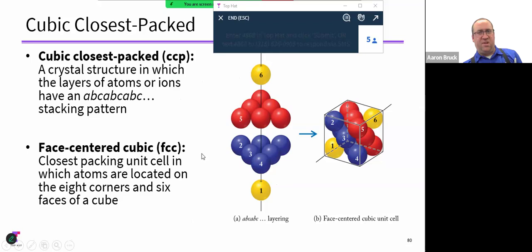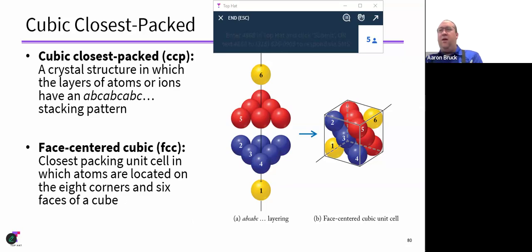The last arrangement that we're going to talk about is what's called cubic closest packed, CCP. Now, the result of CCP is something called face-centered cubic. Now, CCP does what is called ABC layering. And what happens in ABC layering is this. Basically, there are 3 different layers that are made.